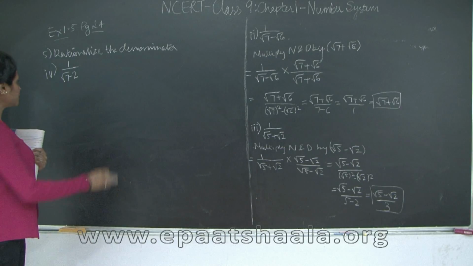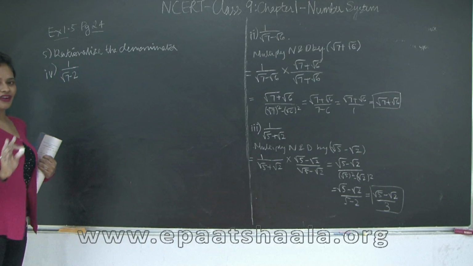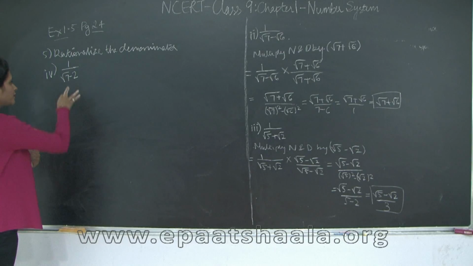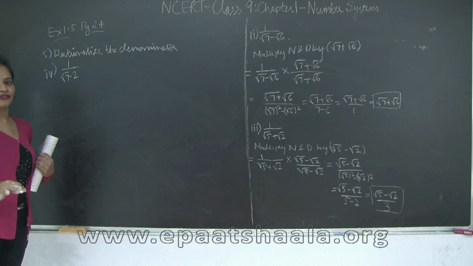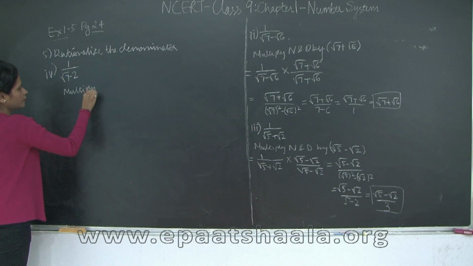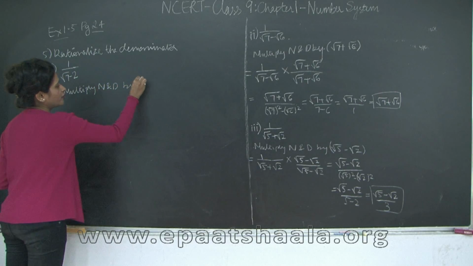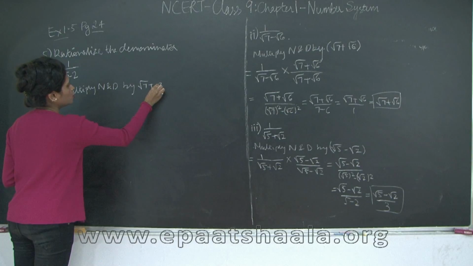Now notice that you have one term as the root and the other term which is not a root. But finding the rational factor is not difficult. You have to take these two terms with only a difference of sign. So I will multiply numerator and denominator by root of 7 plus 2.